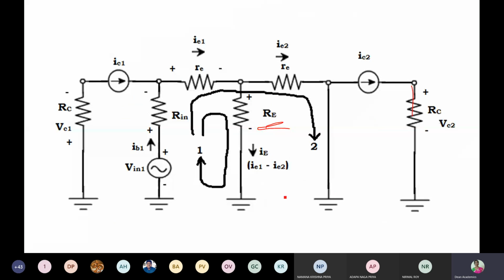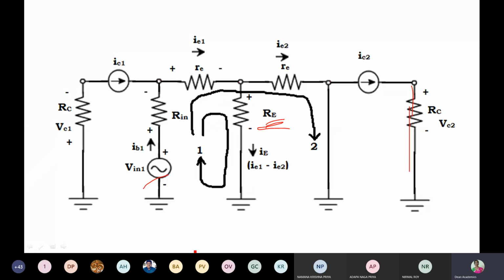The right side RA, and from that junction ground, and from that junction IC2 and RC, and the small RA on the left side, and from that junction R in and V in 1, and from the same junction IC1 and RC.